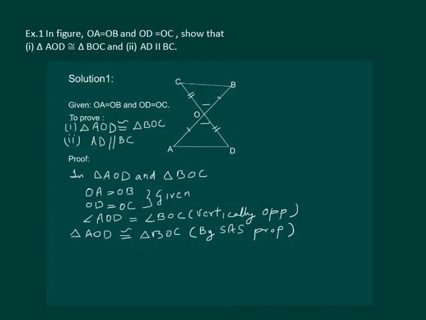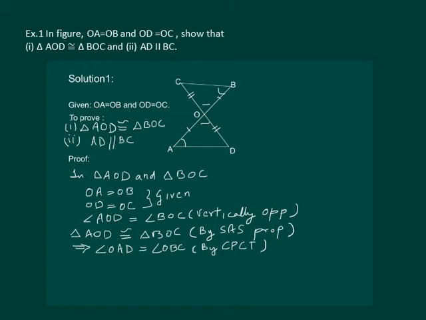So that would mean that angle A will be equal to angle B. So we will write that angle OAD is equal to angle OBC by CPCT, which says that corresponding parts of congruent triangles are equal, so the angles will also be equal.